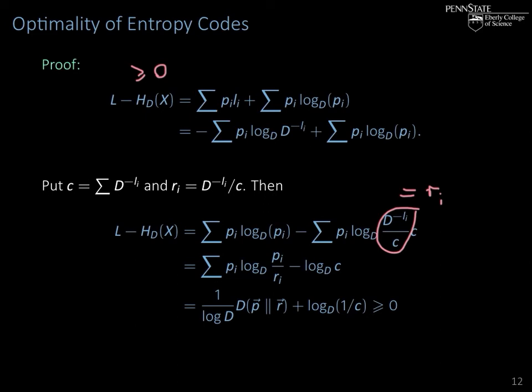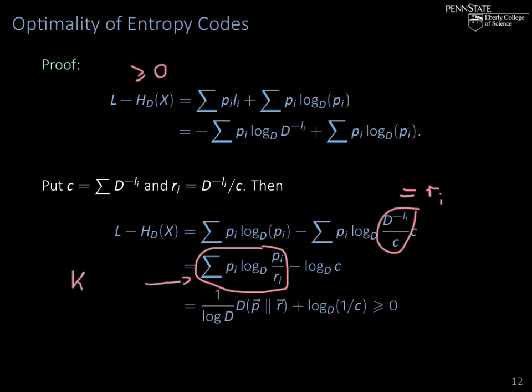And after we contracted this log_d pi and log_d ri over here, we're just left with the sum of pi times log c. The pi's are a probability distribution, so they sum up to 1, right? So we just get log_d of c. Now if you look at this expression here, this should look familiar, right? That's the Kullback-Leibler distance.